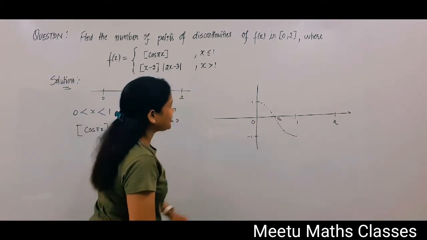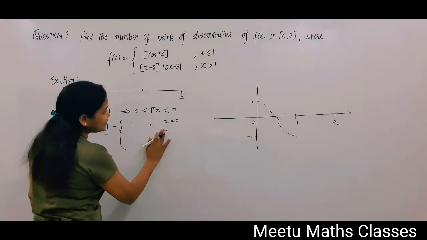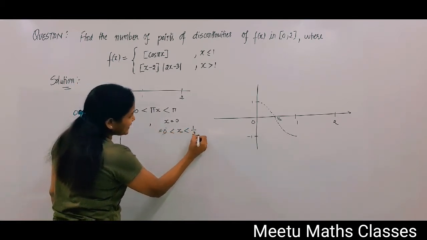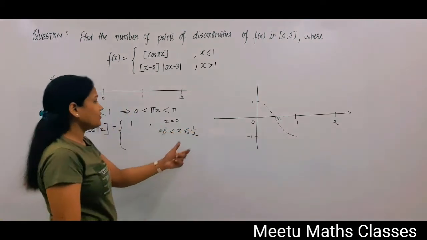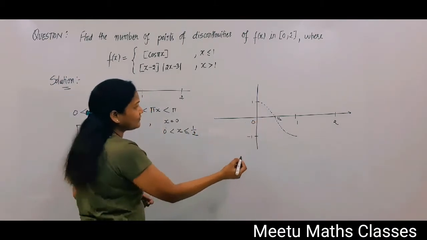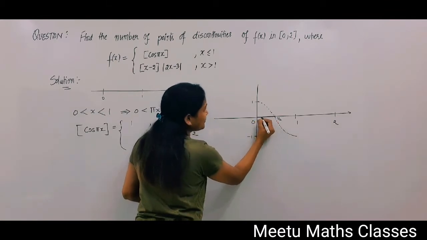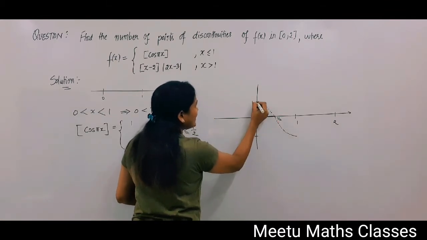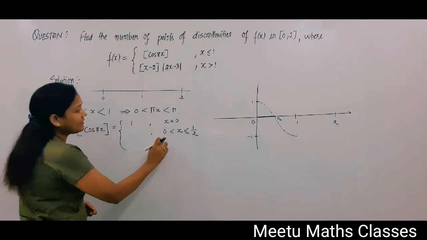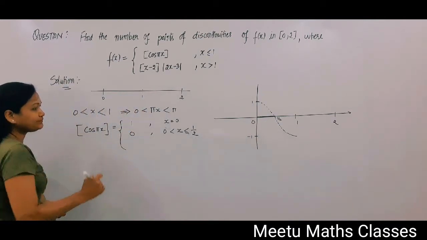When x lies between 0 to 1/2, your cos(πx) is between 0 and 1, so the greatest integer function will give you 0. So, this is the graph. At x = 0, it is 1, and between 0 to half, it is 0.